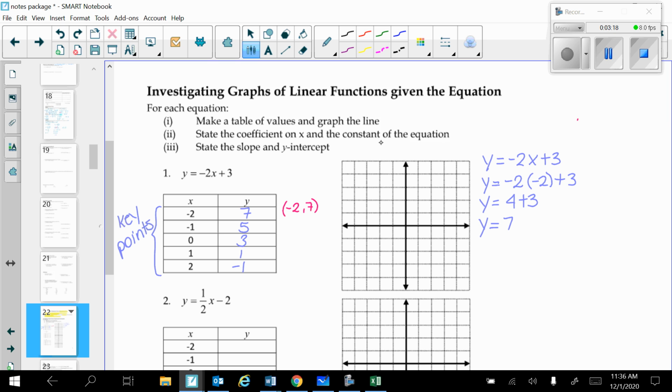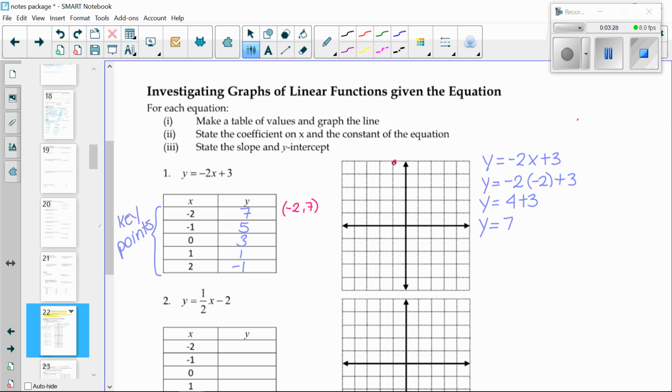So don't guess. Let's move on to the next point. -1 and 5. So here's -1, 1, 2, 3, 4, 5. I have a point right there. 0 and 3, 1, 2, 3. 1 and 1. 2 and -1.